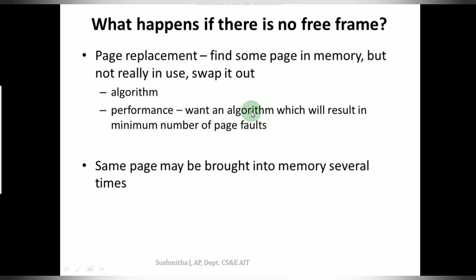There are various algorithms, and each algorithm has its own benefits and liabilities. We will see what the algorithms are, and we will also see which could be the best algorithm to follow.